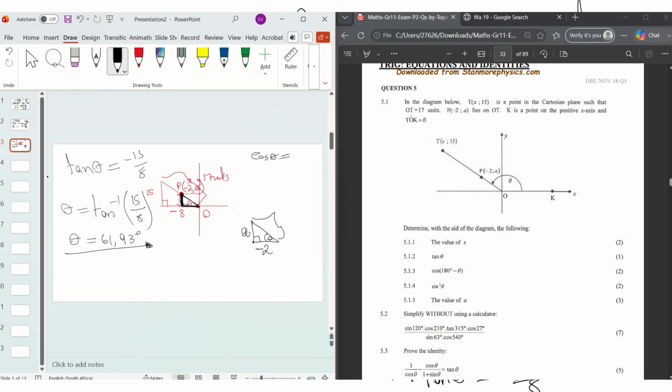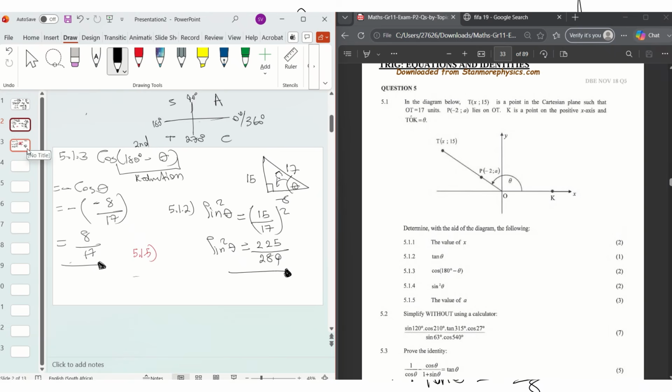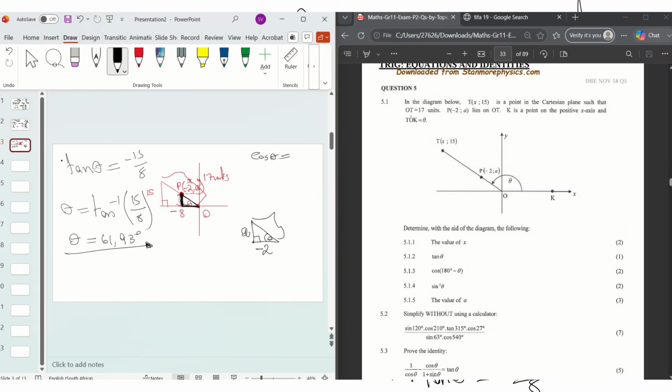Okay, so let's also check on cos just to confirm. Cos theta is 8 over 17. So do the same thing. Theta is equal to cos shift of 8 over 17.